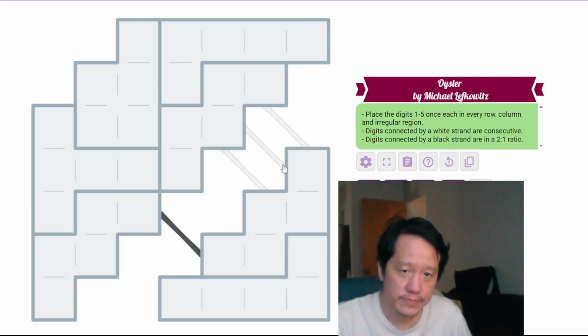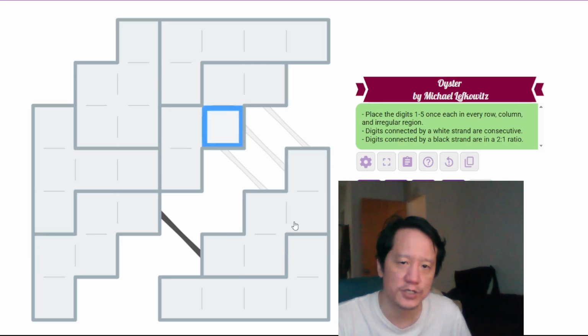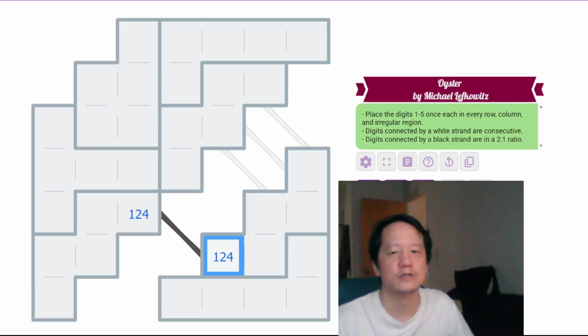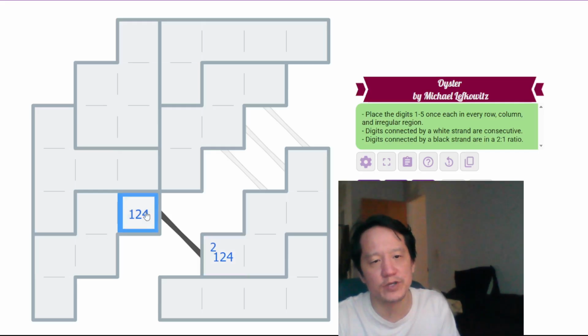Okay. This digit is consecutive with 2 unique digits, and this digit is consecutive with 2 unique digits. This digit is in a 1-to-2 ratio with one of these, so this has to be 1, 2, or 4 to be in a 1-to-2 ratio, with one of these digits being a 2.